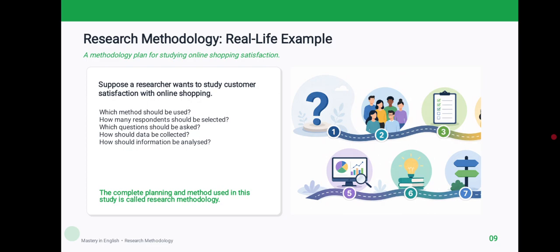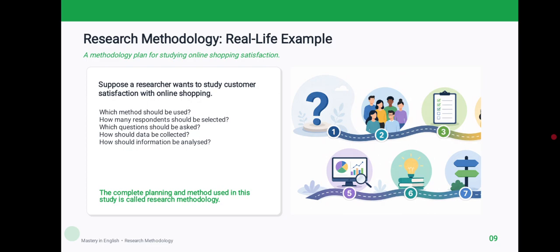Next we have, how should information be analyzed? So here you should decide which method you use to analyze the data. Maybe SPSS, or you have to use some test.